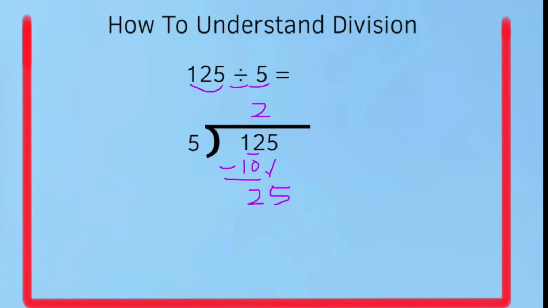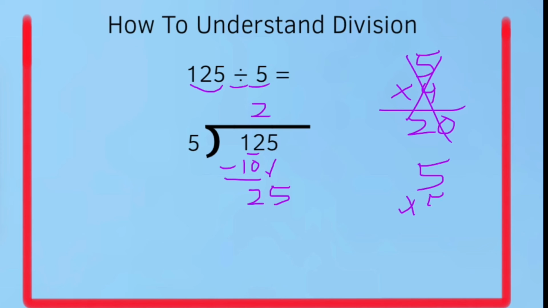So let's try 4, okay? So 5 times 4, that equals 20. So that's not good. How about 5 times 5? Okay. So 5 times 5 is 25. And that's perfect. They match.